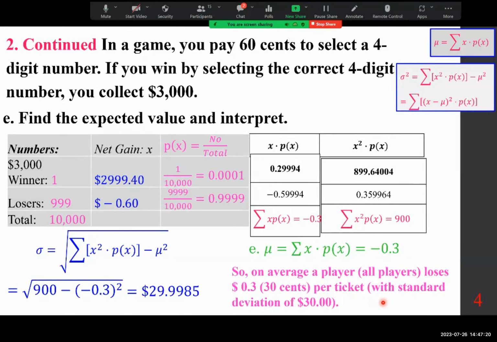Remember, most games, wherever you play, are beneficial for the house, okay? Its expected value is positive for the house, negative for the player, again, on the average.